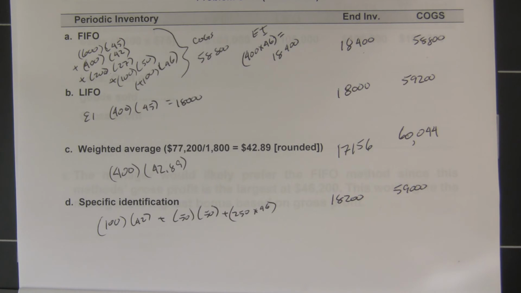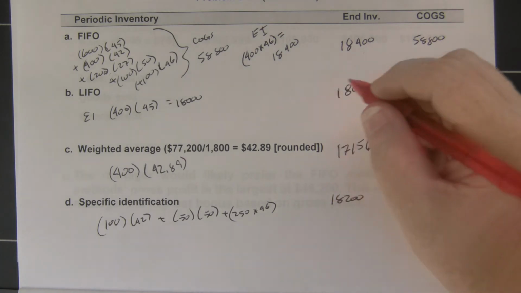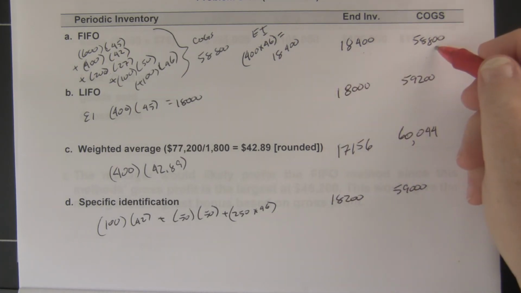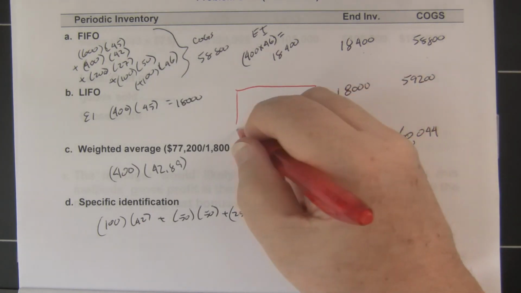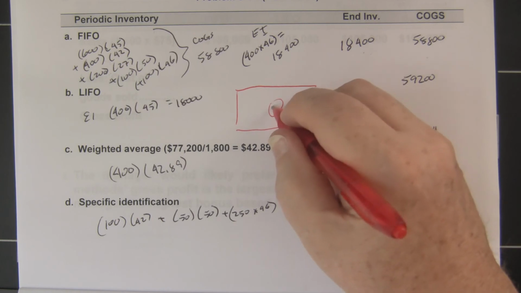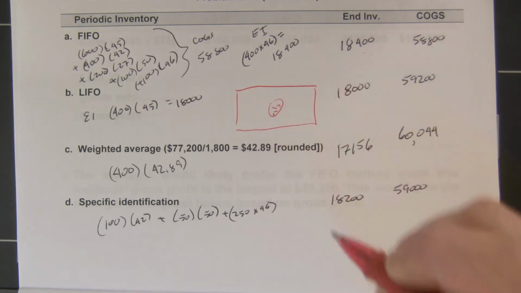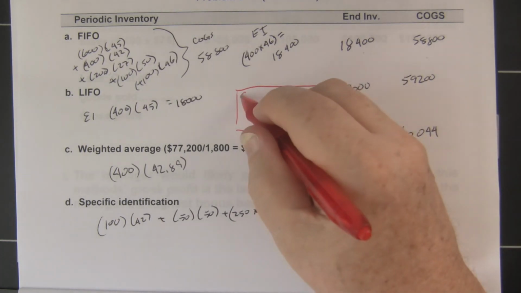So, the areas that you can screw up, you can forget if you're looking at ending inventory or cost of goods sold. Remember, the assumption is that here's your inventory dollar, okay? Pick your famous dead white guy in the middle.